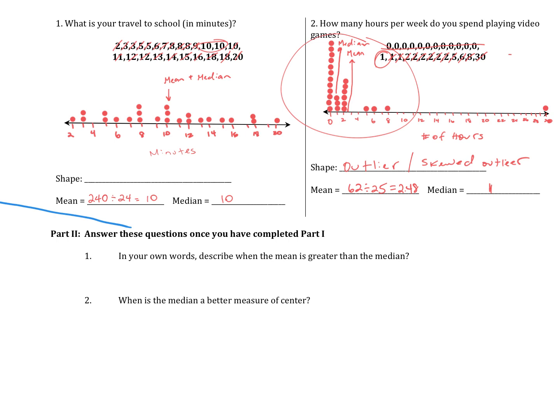And what happens when you have an outlier that's bigger than the rest of the data is that it pulls the mean up. So we know that the mean will be greater than the median when the data is skewed right.